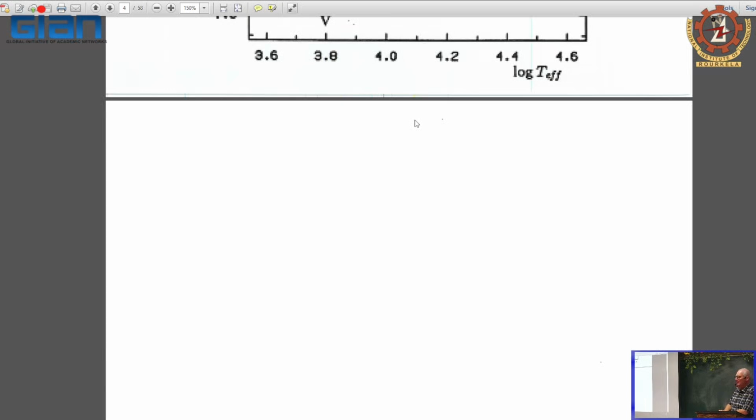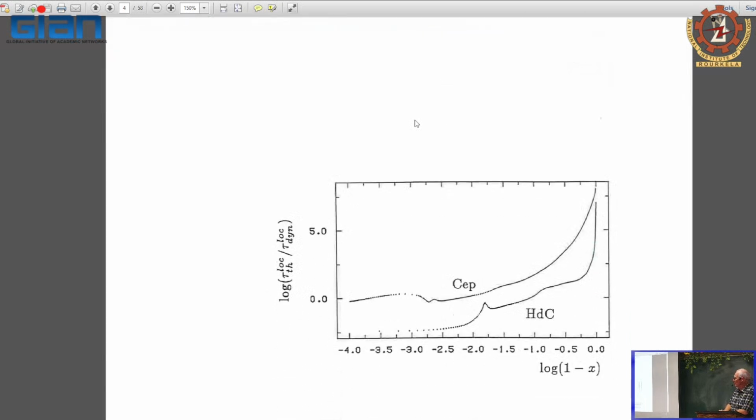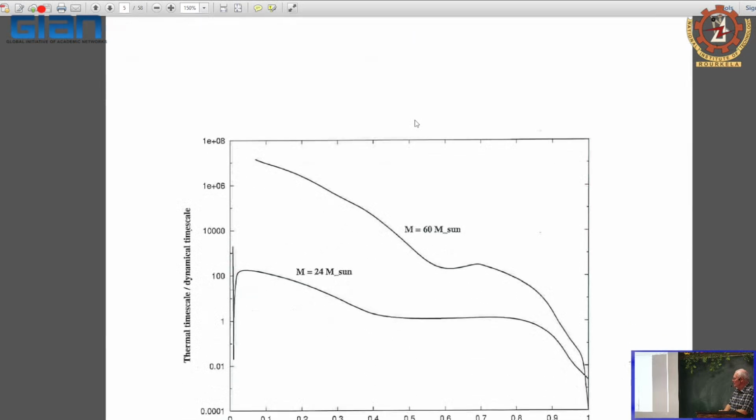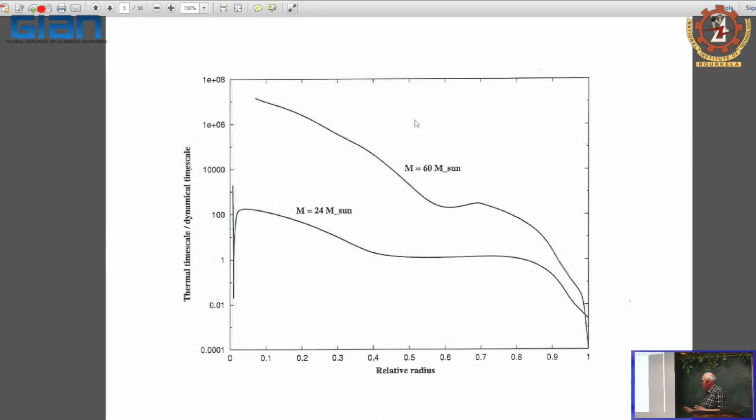Okay, so this is one example for the appearance of strange modes. You already know this diagram. I have plotted here the ratio of thermal to dynamical timescale for two massive stars, and we see the same behavior.